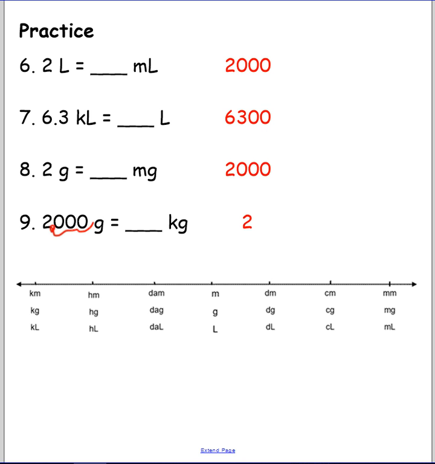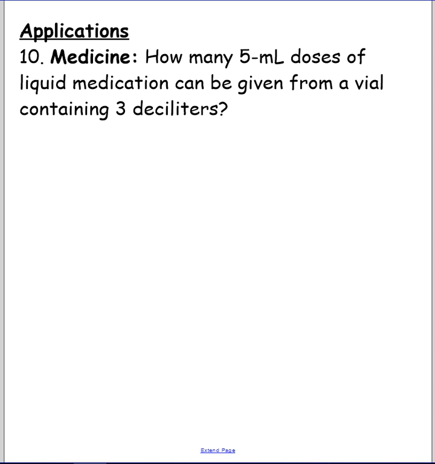Okay, let's take a look at some story problems. For medicine, how many 5 milliliter doses of liquid medication can be given from a vial containing 3 deciliters? Notice we do not have the same units. We want to get 5 milliliter doses from deciliters. So let's think of our number line. Here would be our liters in the middle. Then we have our deciliters, our centiliters, and our milliliters.